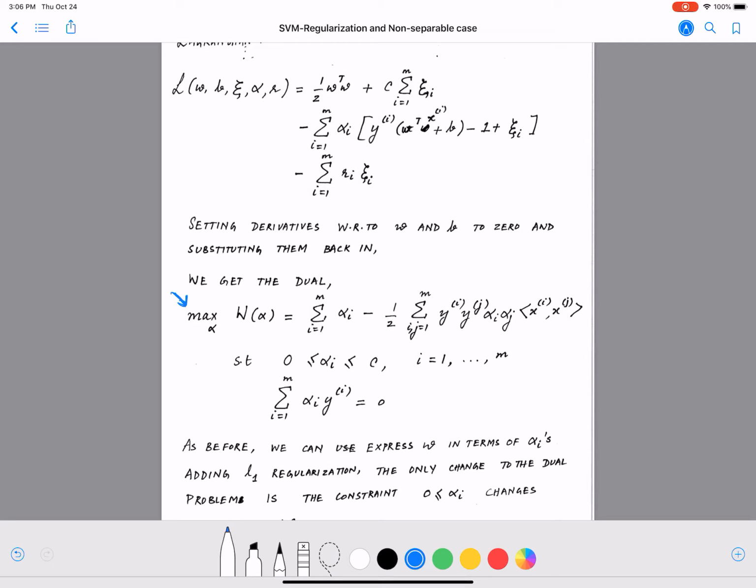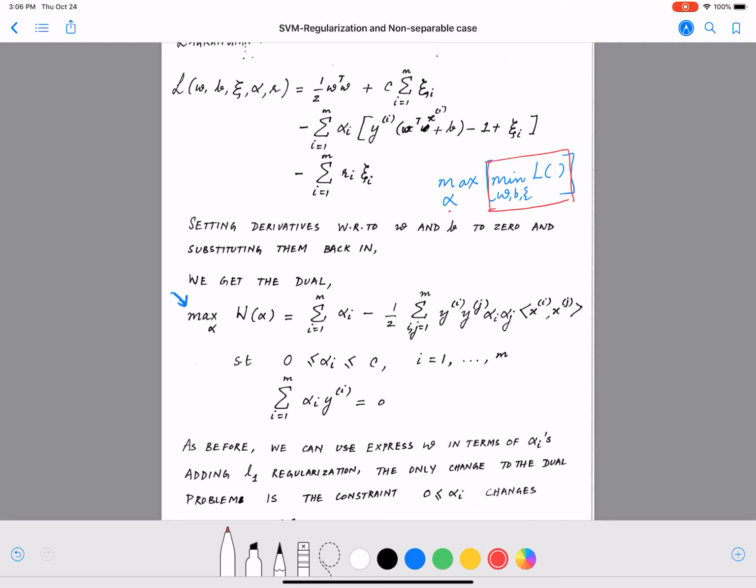The first step was minimizing with respect to W, B, and now also psi I. So we had minimizing the Lagrange with respect to W, B and psi I, and then maximizing with respect to alpha. So this is what we are solving. We solved this part here, and now we have to solve the second part, maximizing with respect to alpha.